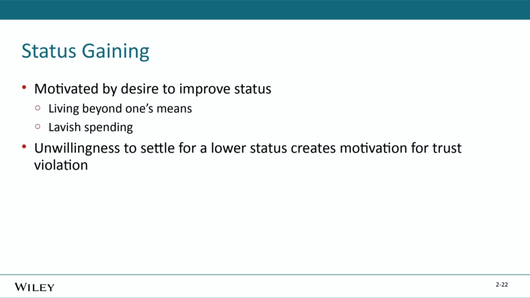They buy a ridiculously expensive car to drive around in, and bought a house in a very fancy neighborhood because they want people to think that person's a success. They're unwilling to settle for a lower status, and it creates a motivation for the trust violation, for embezzlement or whatever.